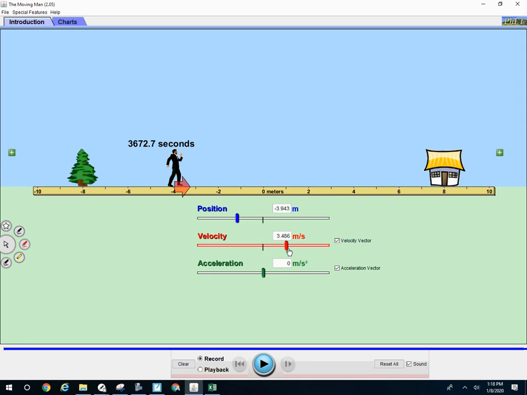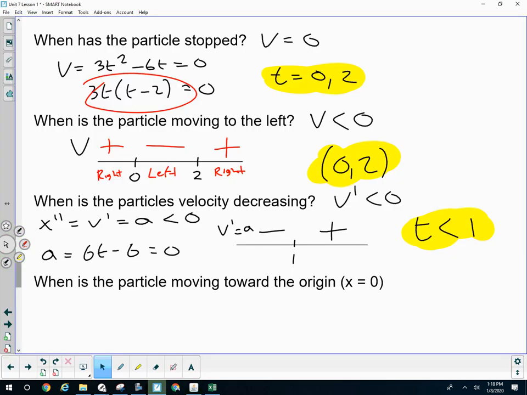So when you're asked about moving towards or away from the origin, you have to take into account both position and velocity. Now, we've already done a velocity analysis. Here's my velocity. I know I'm moving to the right, then left, and right. You guys need to also do a position analysis. We have not done that yet. Please analyze the signs of your position so you know when you're to the right of the origin and you know when you're to the left of the origin.